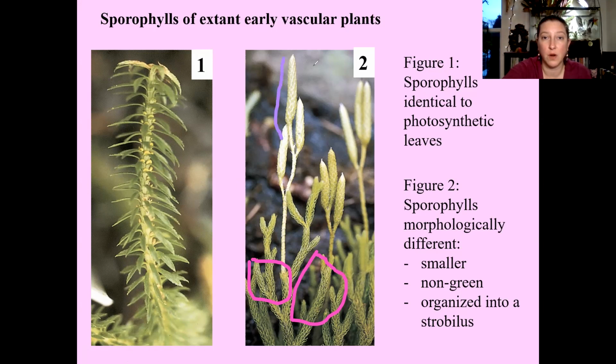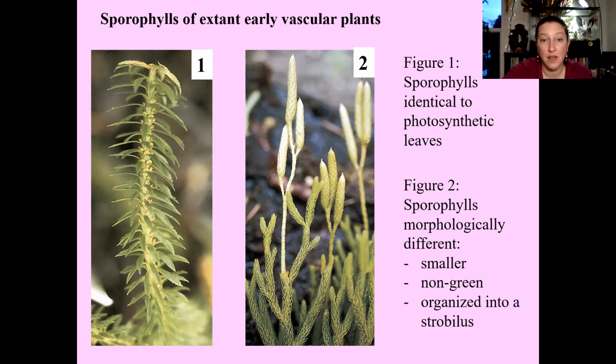Here's another bunch of them here, and another bunch there. Each of these little things on here is a sporophyll. It's hard to see. We'll see better on other slides.